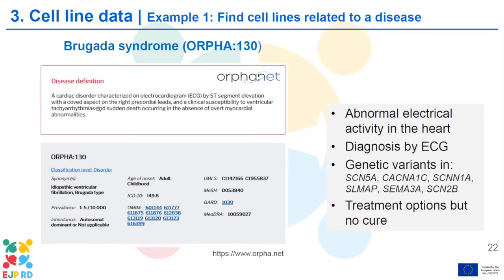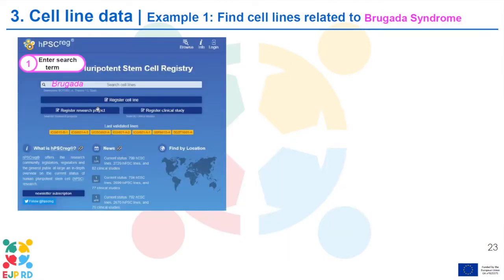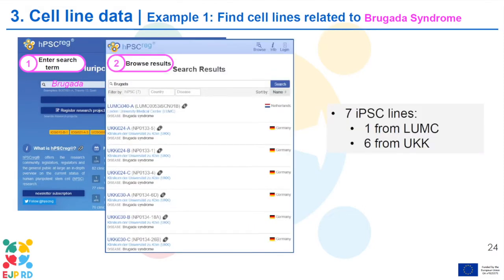So if we are to search for Brugada syndrome lines in hPSCreg, we can enter Brugada in the search window. And this will yield a list of 7 lines that have been associated with Brugada syndrome. These are all hPSC lines.